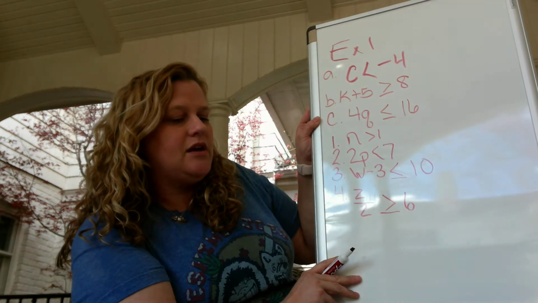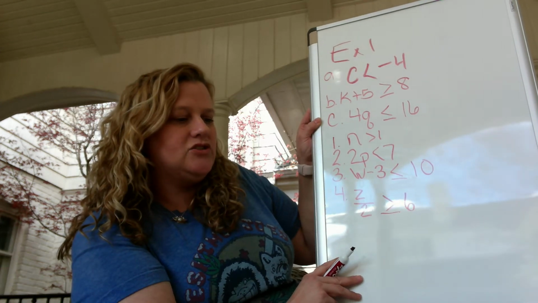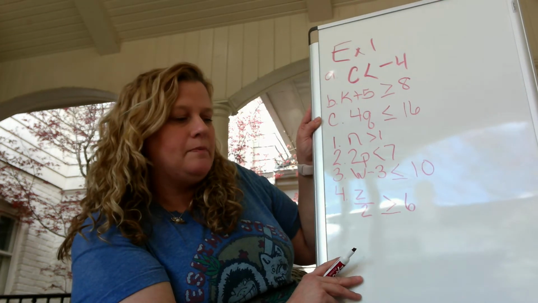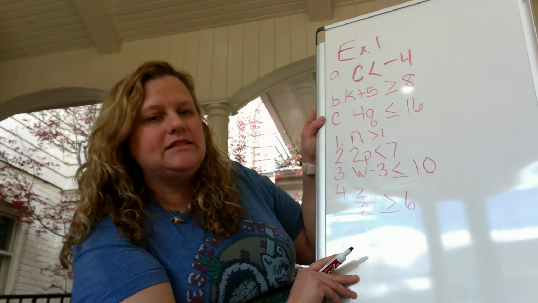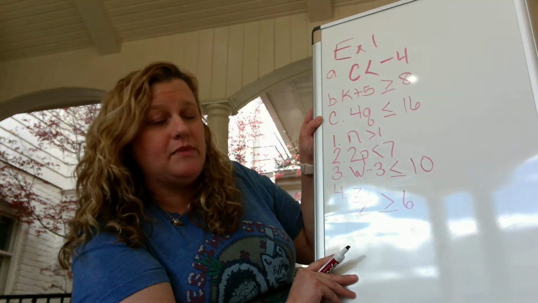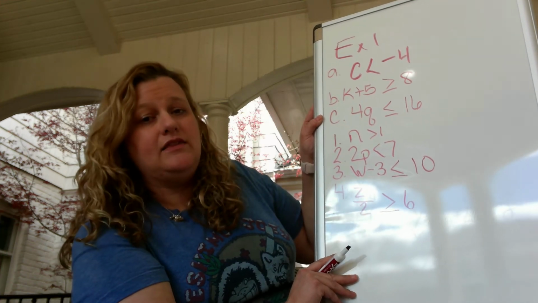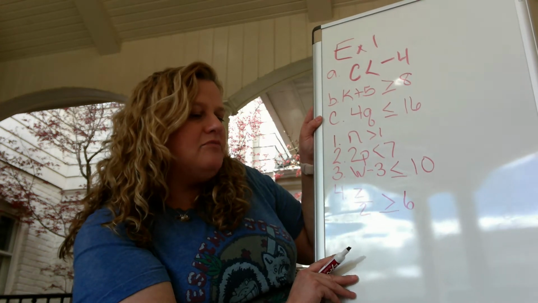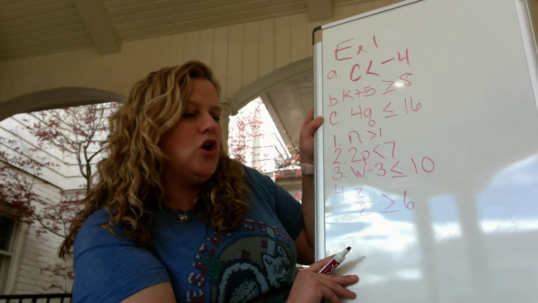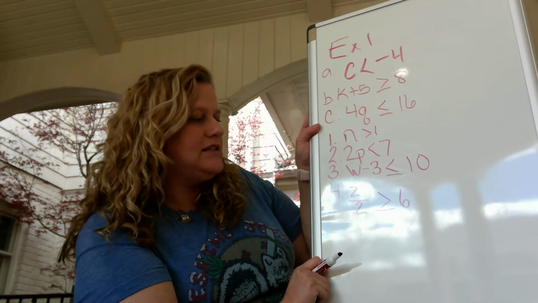So if you look at the top of page 327, it tells you right there what I just told you. A solution of an inequality is a value that makes the inequality true. An inequality can have more than one solution, and all of the possible solutions are called a solution set.